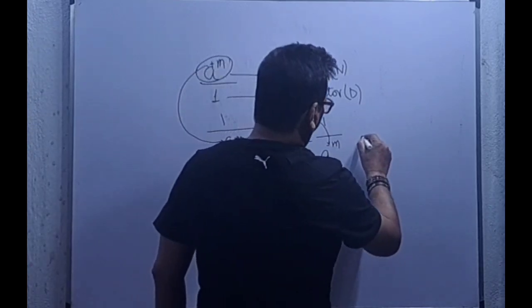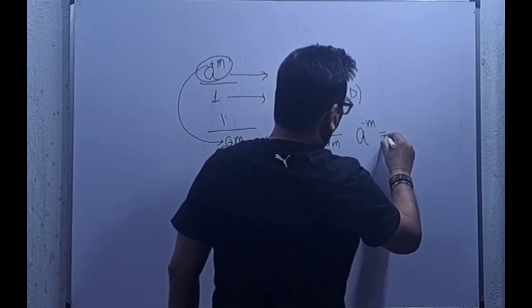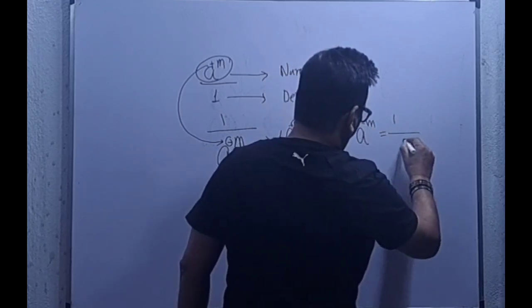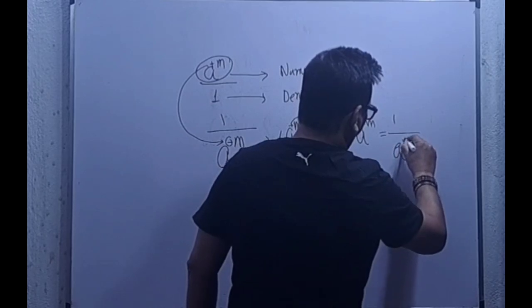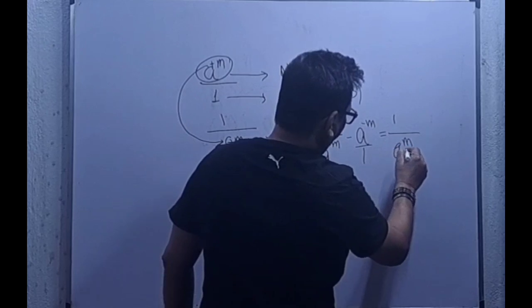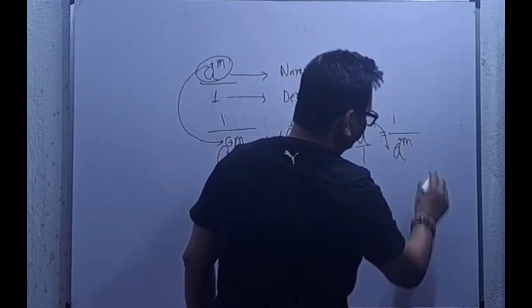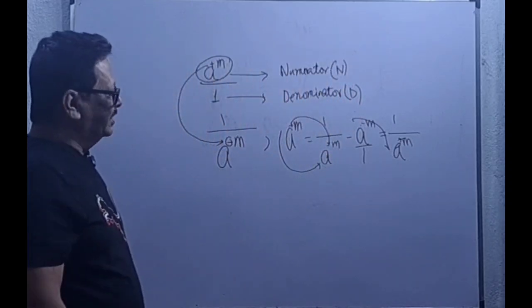Similarly, if we write a to the power of minus m, this will become 1 by a to the power of m, because the numerator has gone to the denominator and the power has become positive, right? Is it understood?